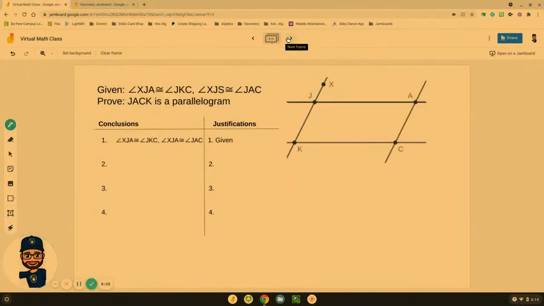All right. Given angle XJA is congruent to angle JKC and angle XJS is congruent to angle JAC, we need to prove that JACK is a parallelogram. How do we prove something's a parallelogram? Two sets of parallel sides.